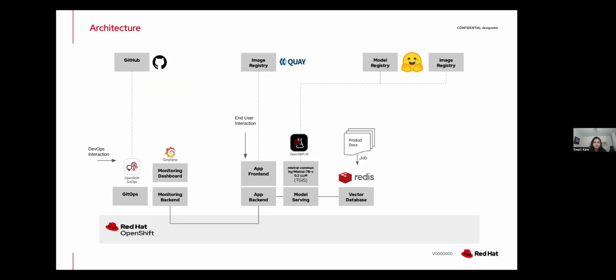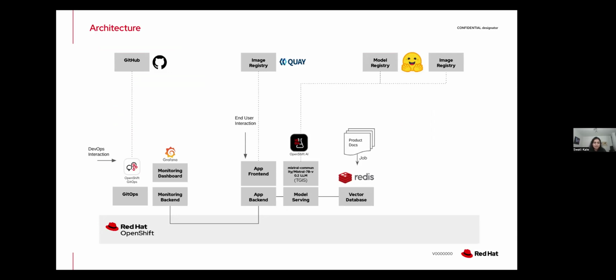So in the slide, you can see an overall architecture of the demo. Our code resides in GitHub. We are leveraging OpenShift GitOps, as I said earlier, to automate the deployment of various application components, including front-end, vector database, model server, and monitoring stack.